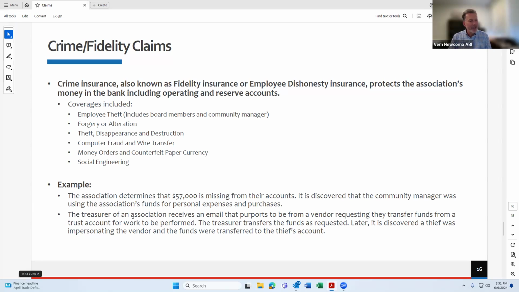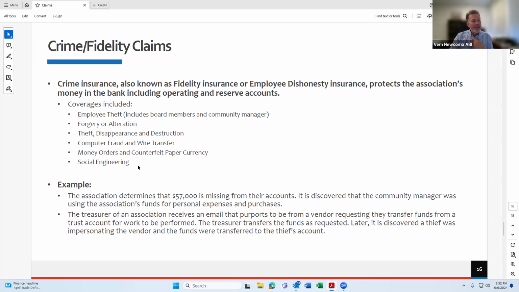It says the treasurer of an association receives an email that purports to be from a vendor requesting they transfer funds from the trust account for work that is to be performed. The treasurer transfers the funds as requested. Later, it's discovered a thief was impersonating the vendor and the funds were transferred to the thief's account.